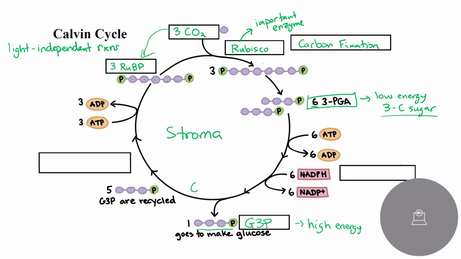It actually creates 6 G3P in a step called reduction. So reduction utilizes ATP and NADPH. It uses the high energy in order to power this transformation from low energy to high energy.